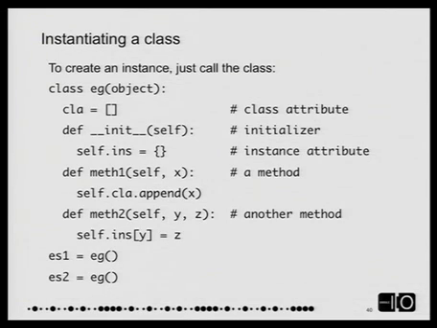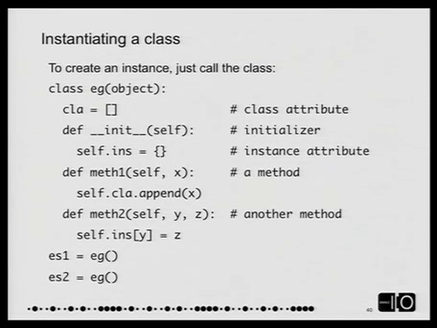Let's give a very boring example just to show. So class EG, because it's an example, inherits from object, means it has no real bases, just the most generic object of them all. It starts with assigning an empty list to CLA. So that's a class attribute. The class itself owns a list. And then it has a def with a special name, dunder init dunder.